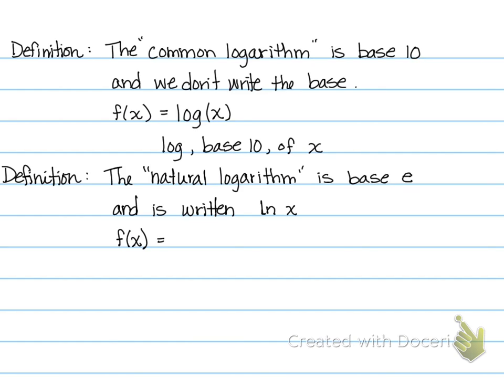So f of x equals ln of x, the natural log of x. Why do you not put x in parentheses? I don't know, because I didn't. You don't technically need the parentheses unless there's addition or subtraction in the input, but it's a good habit to get into.